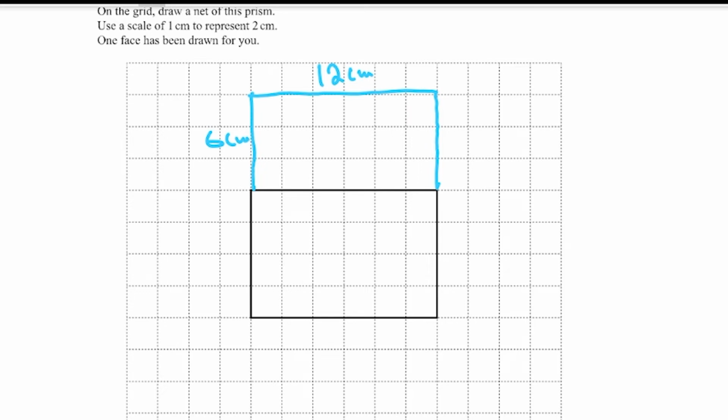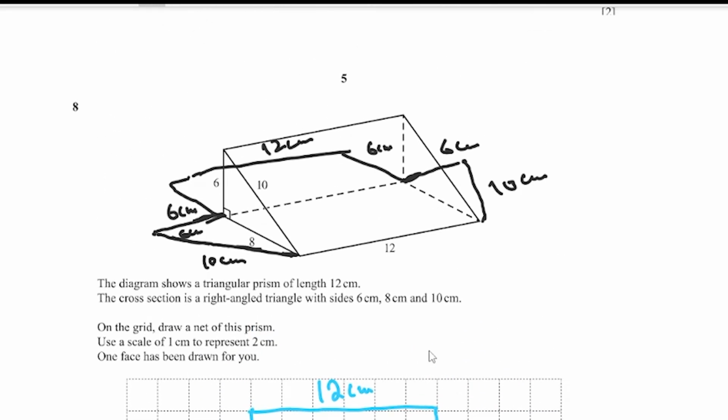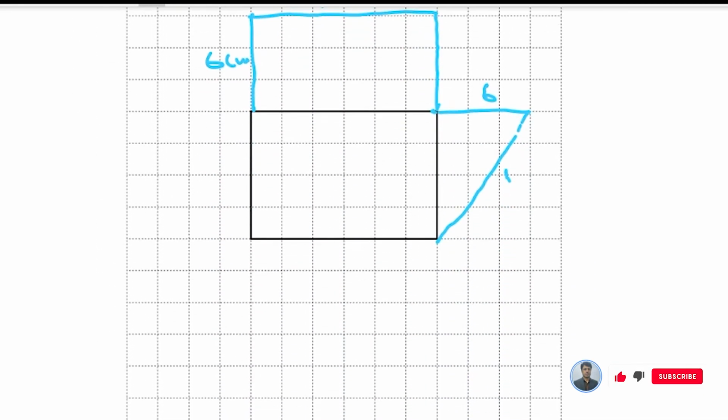For this we need 3 here, 1, 2, 3, and this will become 6 units, and this will become 12 units. 10 units has been given here. So this is 10 units.